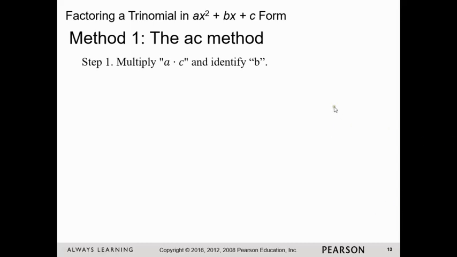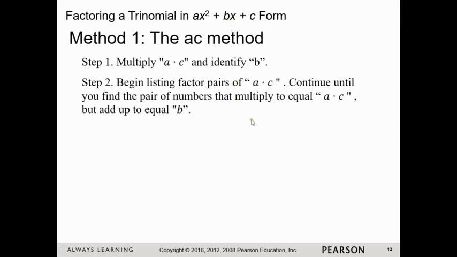What does that mean? So if we look up here, we see we have a trinomial in the form ax squared plus bx plus c. So AC is the product of this leading coefficient A times the last term there, C. So we find the product of AC. And then we identify B, just to make sure we know what B is.